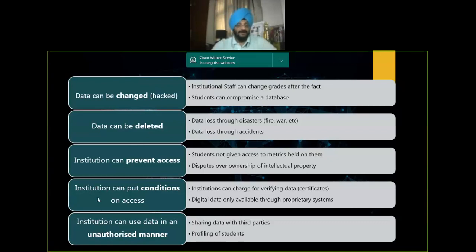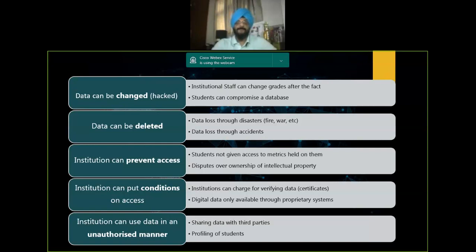And an institution can put conditions on access. So institutions can charge for verifying data. Digital data can only be available through a proprietary system. Okay. And an institution can use data in an unauthorized manner. Right. So these are some of the challenges which you are facing day in and day out today in your institution.